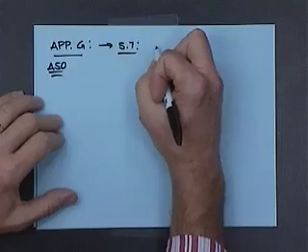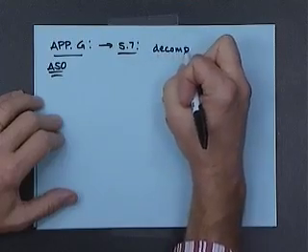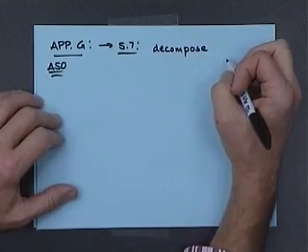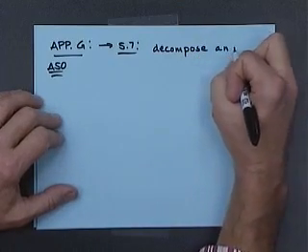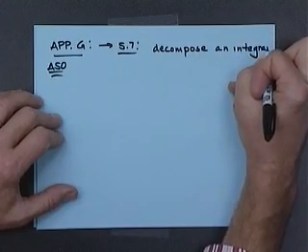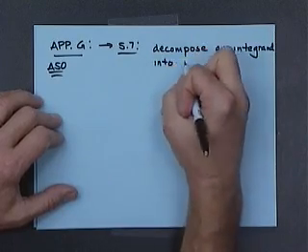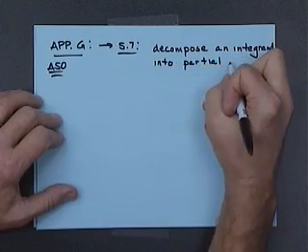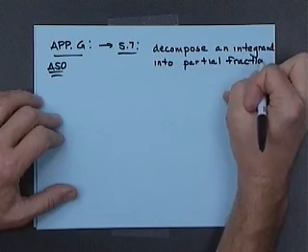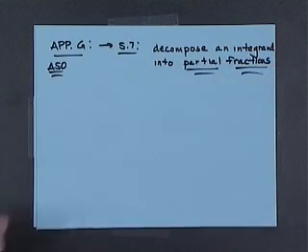So we're going to eventually be decomposing an integrand into partial fractions. So that's really the technique: integration using partial fractions. This is going to be the simplest thing that we've ever done to this point in time in this course, what I'm going to do right now.